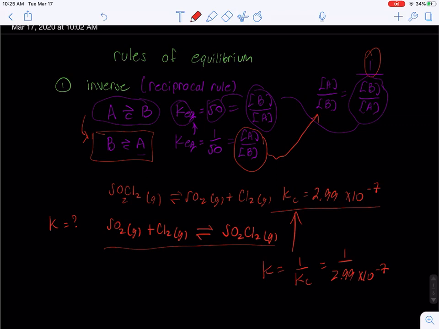So let's punch this into our calculator, and I get 3.3 times 10 to the positive 6, I think it was. 1, 2, 3, 4, 5, 6. So that's the equilibrium constant for this inverted reaction.